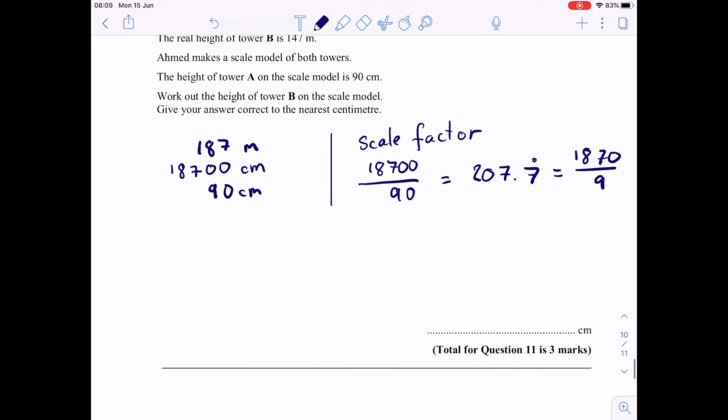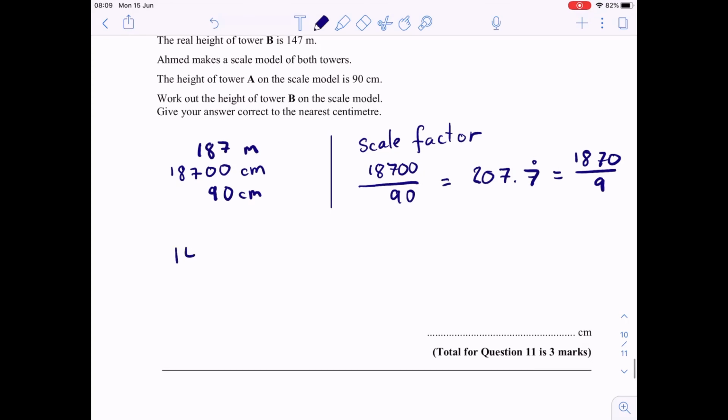So if I do 14700 divided by this 207, in fact I'm going to use the answer button to make sure it's exact. So 14700 divided by my answer, and I get 70.74866. In fact, it goes on for quite a long time.